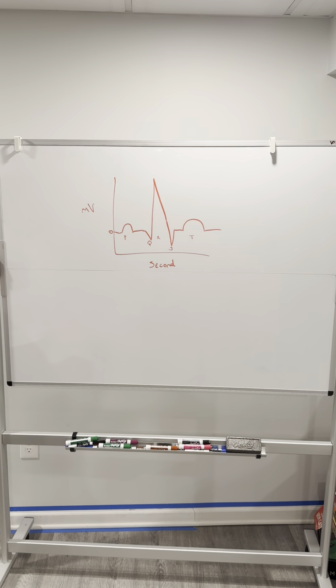During our P wave, that's where the SA node, the sinoatrial node, is being depolarized. So the atria are being depolarized. In the QRS complex, the ventricles are being depolarized and the atria are being repolarized. So they're filling back up with blood, going back to normal.